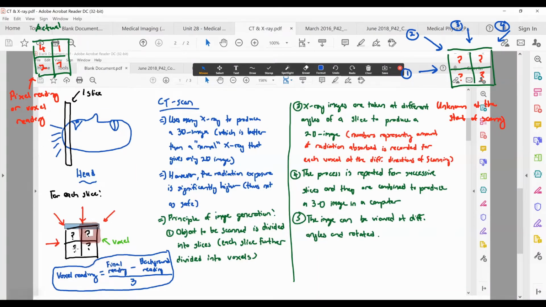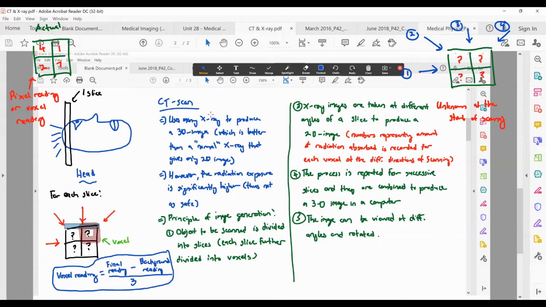And then they divide it into 4 boxes called voxels. All right. So the values inside each of those voxels will actually give you a measure of the image. It allows you to build out a 2D image of the slice in the first place before you repeat the process for successive slices and then eventually combine them to become a 3D image.